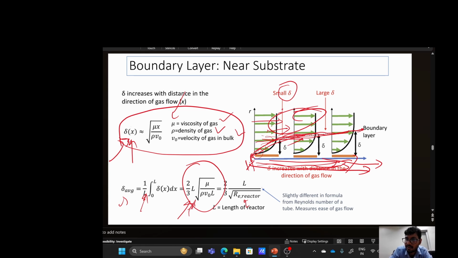Intuitively, if the velocity is higher, this thickness will be lower at this position, because of the higher speed. This is due to the pressure difference. The more the pressure difference, the more the pressure, the lesser the thickness.